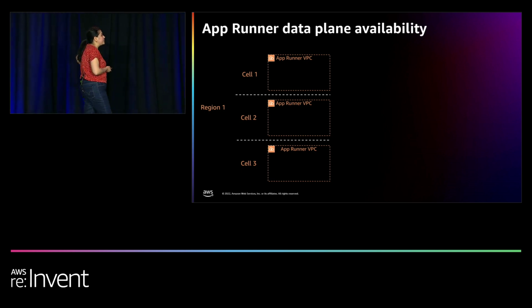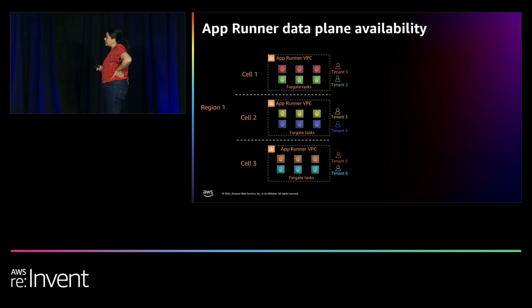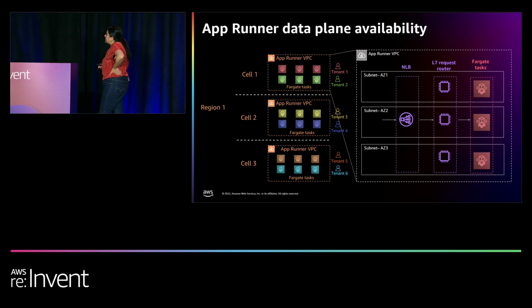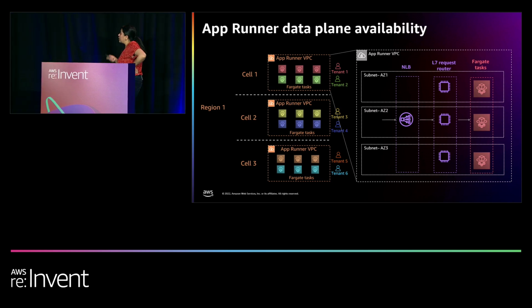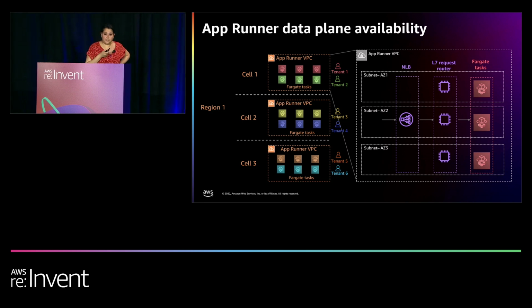Similar to the ECS control plane picture, your App Runner service gets allocated to one of the cells arbitrarily, transparent to you. And if you look at a single VPC, within the VPC, basically every component, right? We have the load balancer, the L7 request router, the Fargate tasks, they're all striped across AZs.